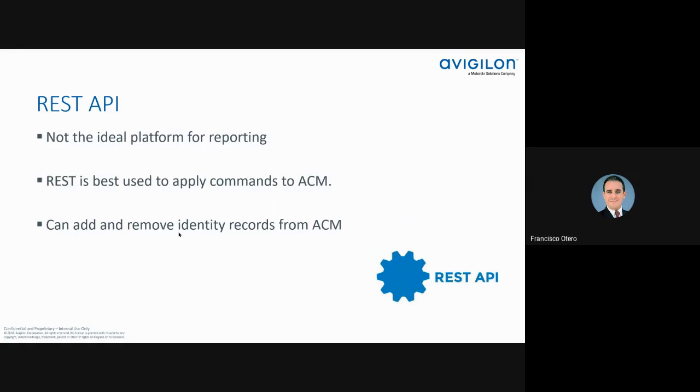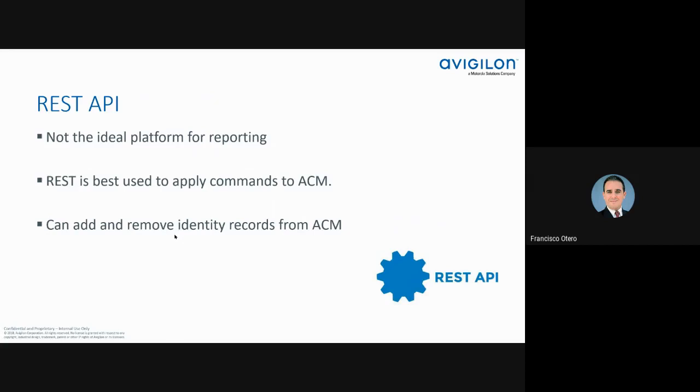Again, REST API's best application is bidirectional data integration. I want to send some records to ACM, or I want to send records from ACM to a third-party application based on a condition. That'll be the application for that. Okay, all right. I'm going to go ahead and move on to the next item.